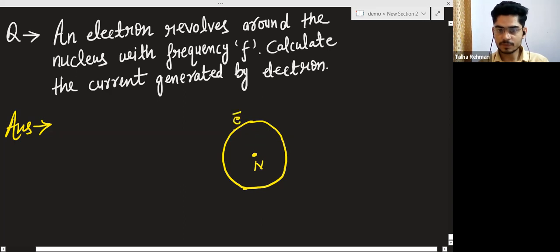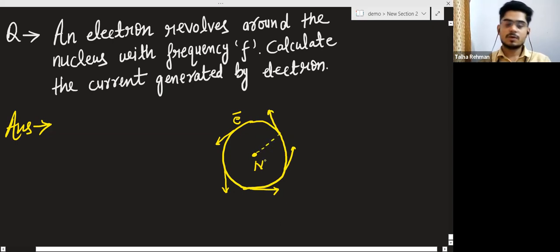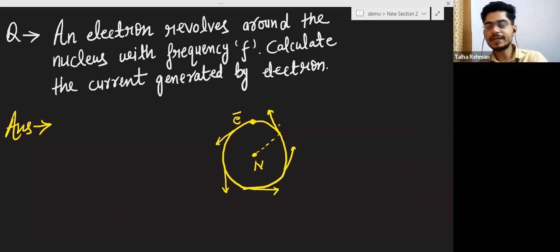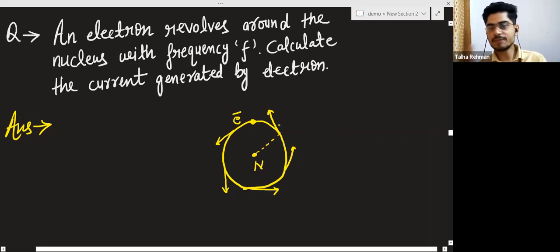This electron will revolve like this, like this, with some velocity, you can say. And we know that there's a term called time period. Time period means for completing one round, the time taken by the electron is the time period.